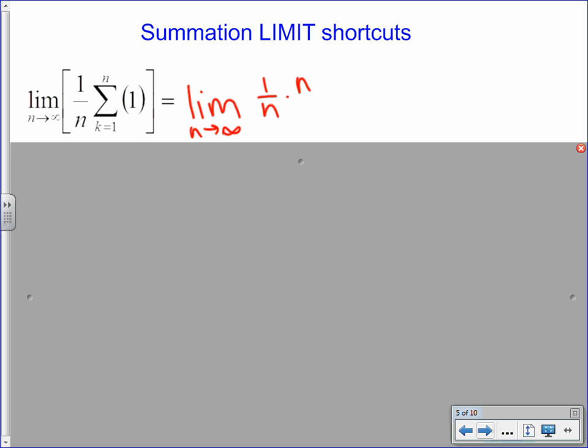So what's the limit as n approaches infinity of n over n? Could you just cancel out the n's in the first place and just have it equal one? Yes. n over n is 1. The limit as n approaches infinity of 1 is 1.